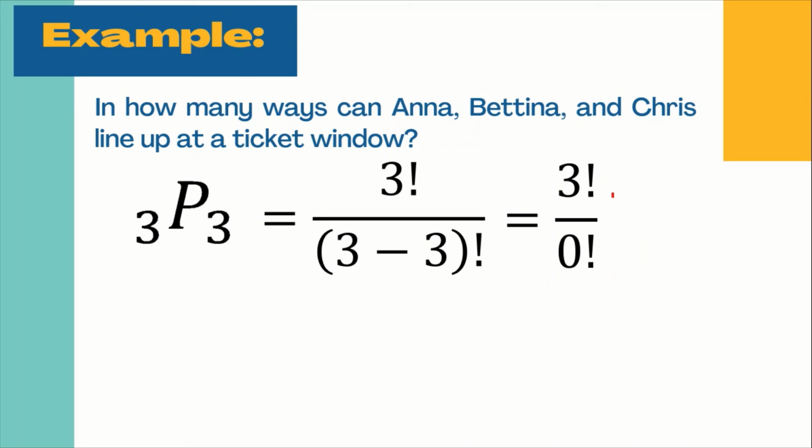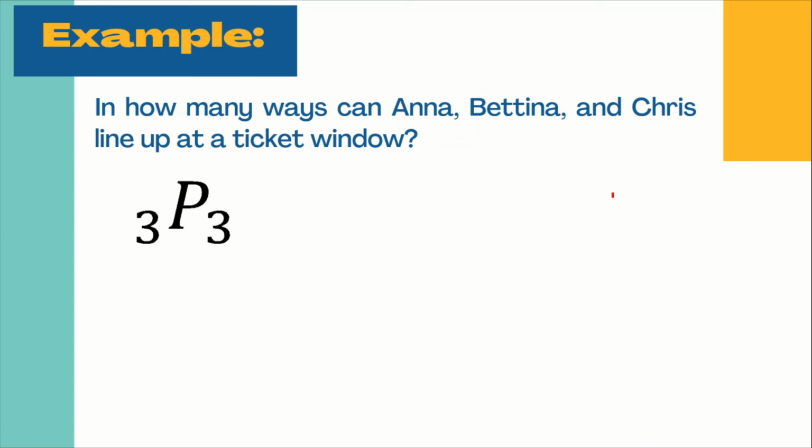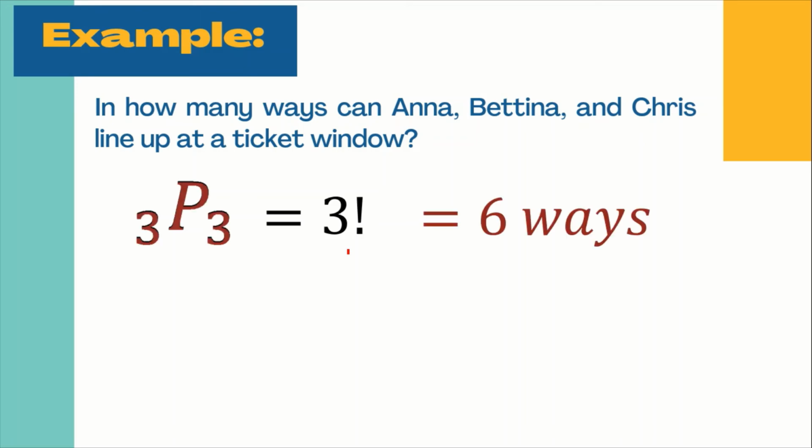So, to cut our solution short, para mas mabilis, pansinin na ang n and r ay equal, so we simply have the solution 3 factorial. And 3 factorial is equal to 6. So, there are 6 ways of arranging Anna, Bettina, and Chris in a line.